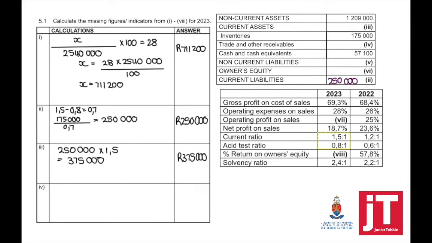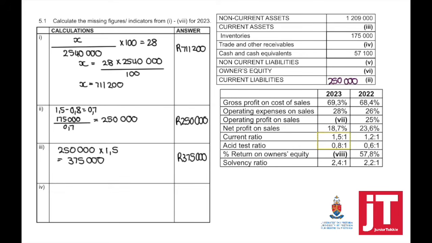It is so important that you understand: assets ratio means we're taking inventories out of the equation to see if we're able to meet our short-term obligations. So 1,5, which is your current ratio, minus 0,7, because that assets ratio is your trade and other receivables plus cash and cash equivalents. So that's why we can say 1,5 minus 0,8.